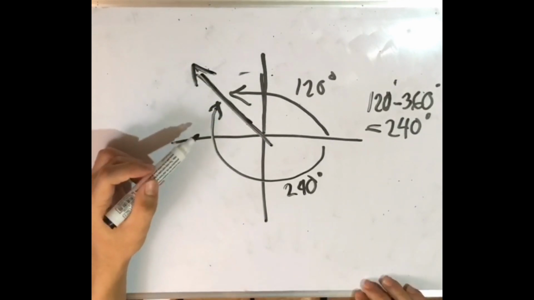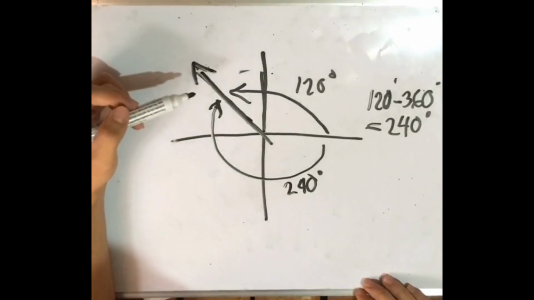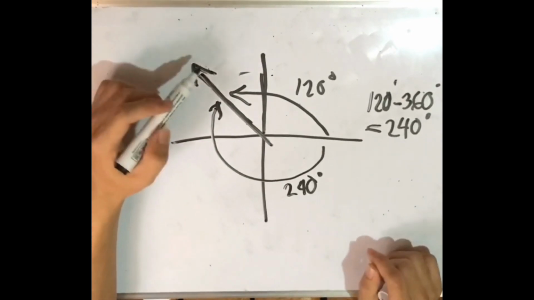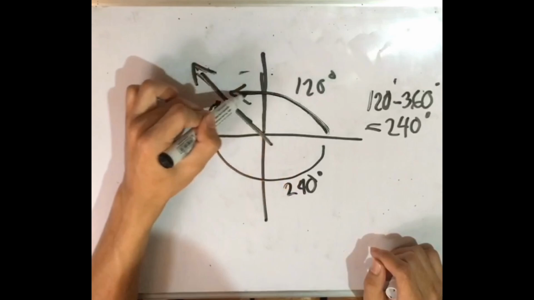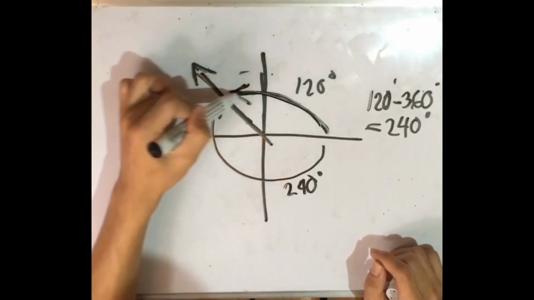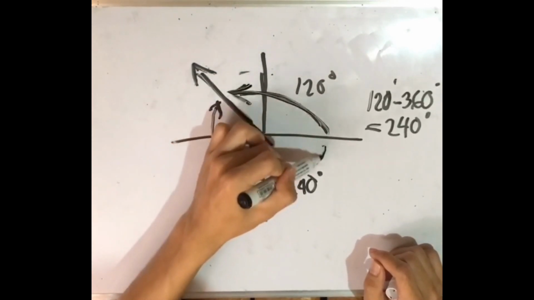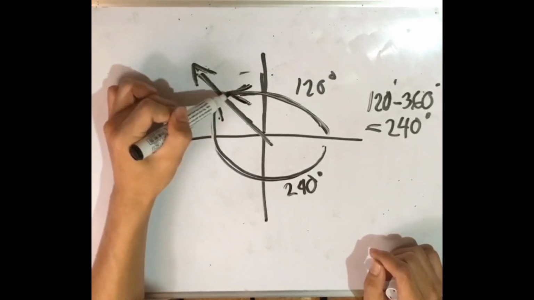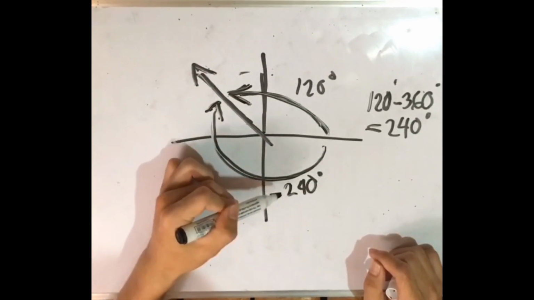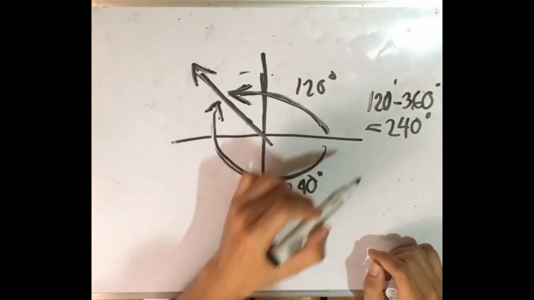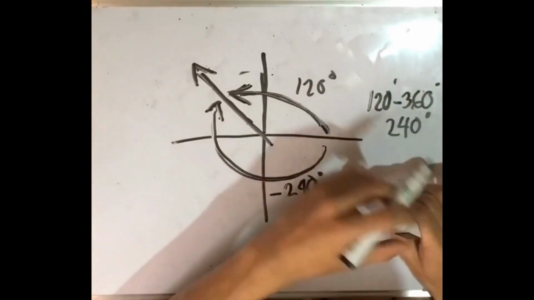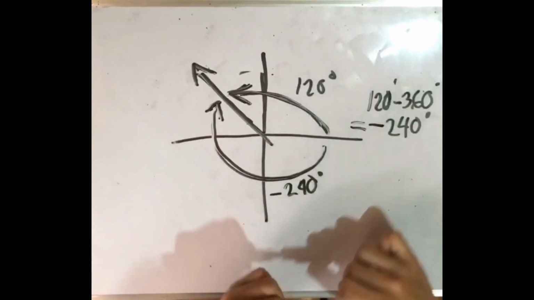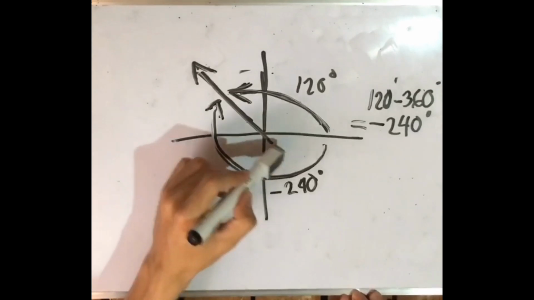This is positive since it goes to this side, and this is negative since it's the parallel of this. So that's the coterminal angle of this.